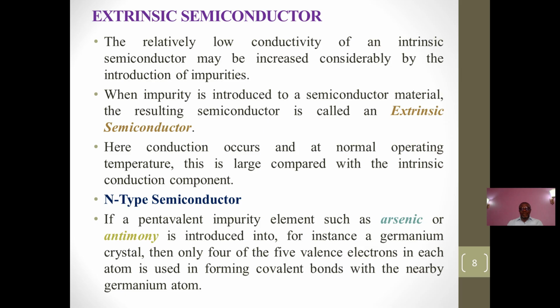Germanium has 4 outer shell electrons, if you remember your chemistry very well.